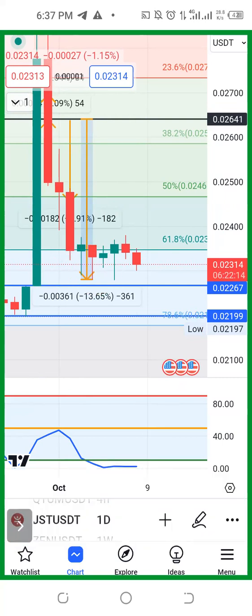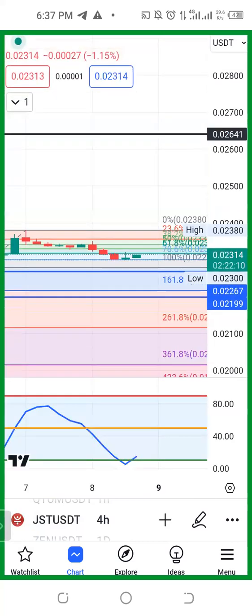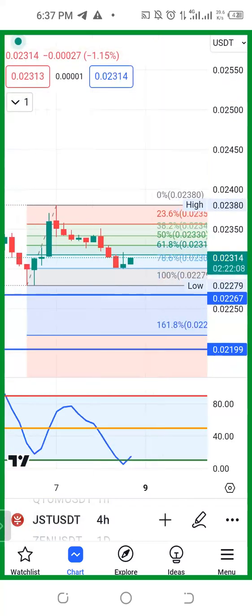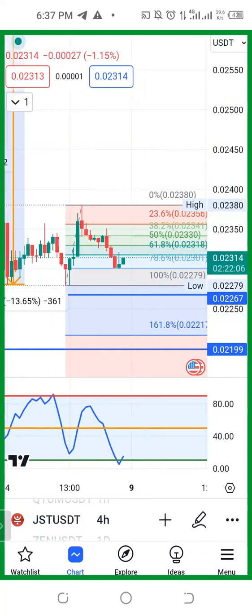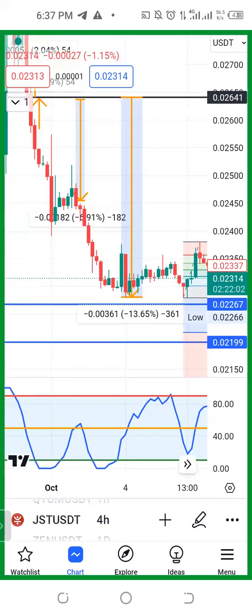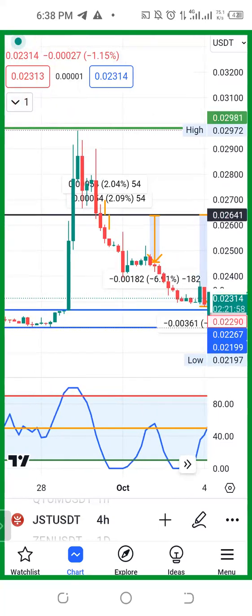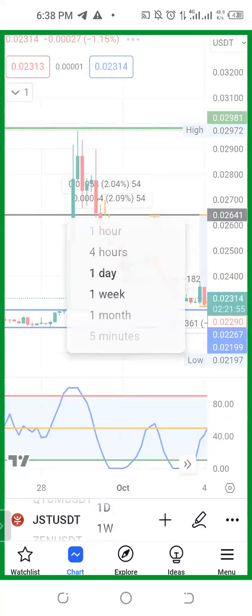Let me go back to 4 hours. That's really gone down by -13. And I know the reason why the coin went down like that. That's why anytime I want to pick a signal, I will first check that signal from 1 day. I want to know in 1 day, in 1 week, where is the coin heading to?